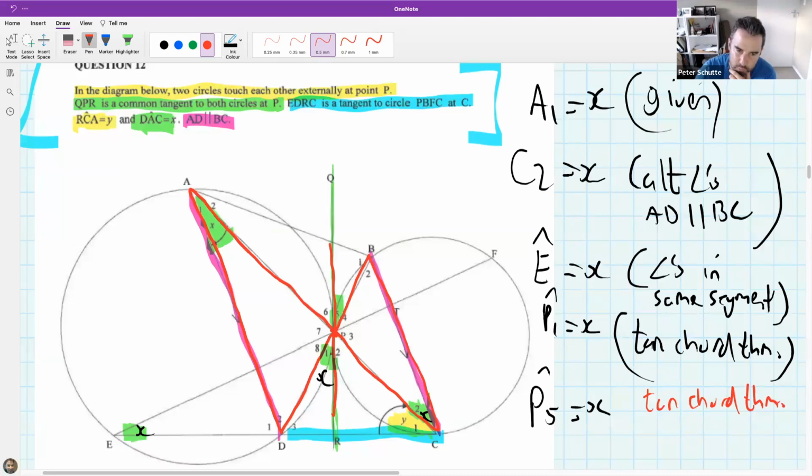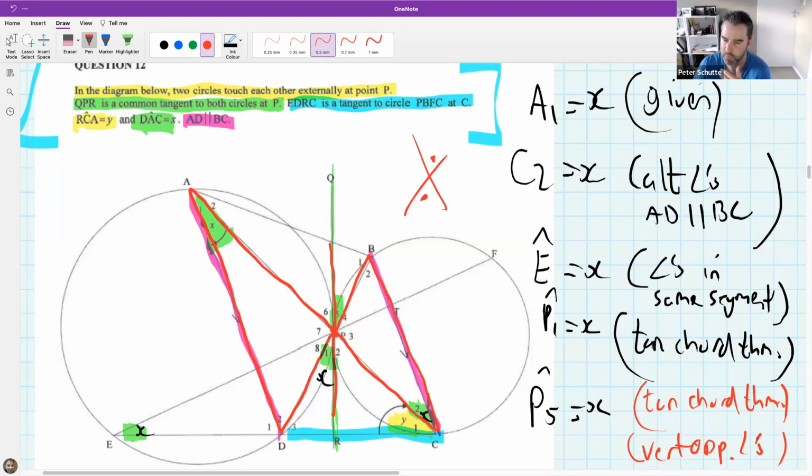Or the other thing we said is the vertically opposite, because it looks to me like vertically opposite angles are here and here. So you could also say vertically opposite angles. That would also be acceptable. Yeah, Flamelo agrees. There we go. So the last one over here is going to be X.